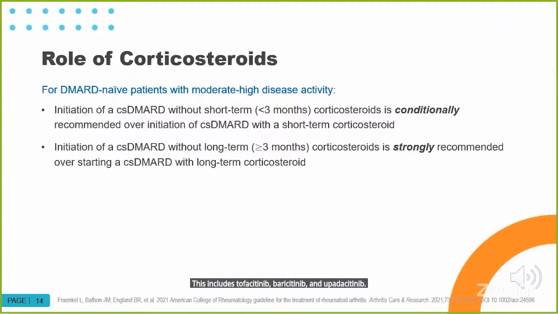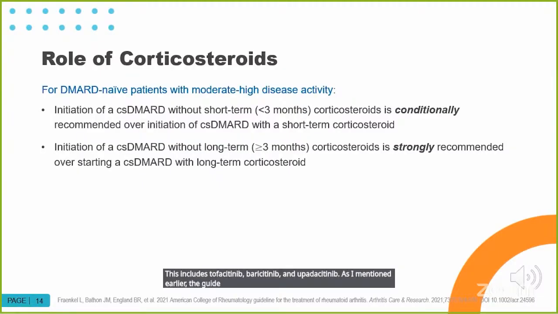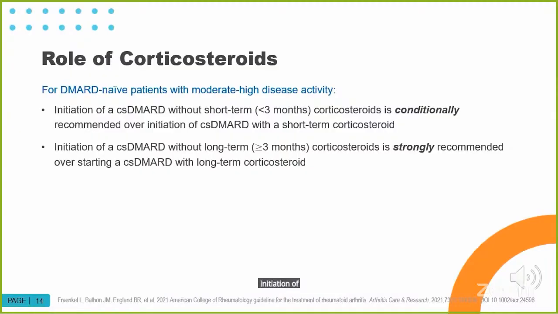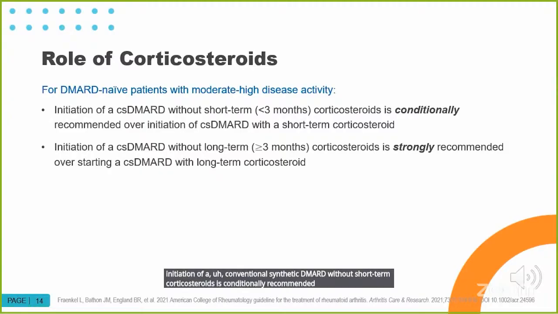As I mentioned earlier, the guidelines really do not recommend corticosteroids across the board for all patients with RA. In fact, for DMARD naive patients that have moderate to high disease activity, initiation of a conventional synthetic DMARD without short-term corticosteroids is conditionally recommended over initiation of a CS DMARD with a short-term corticosteroid.